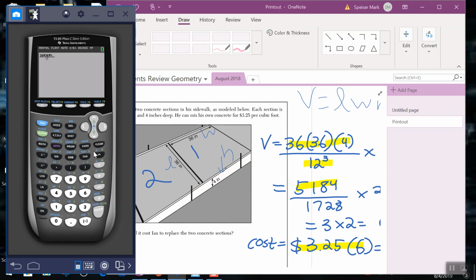And then in the denominator I put 12, raised to a power, using the button above the division sign to get the power, 12 to the 3rd power. Multiply that whole thing by 2, because it's 2 concrete sections. Multiply that whole thing by the cost of $3.25, and you should get 19.5. Remember, you should write your answer with 2 decimal places because it's money, so it's $19.50.